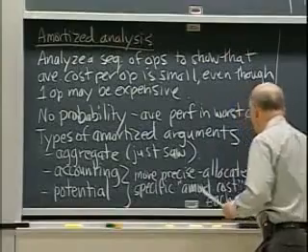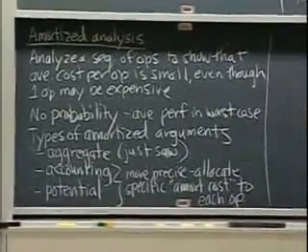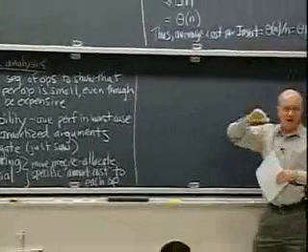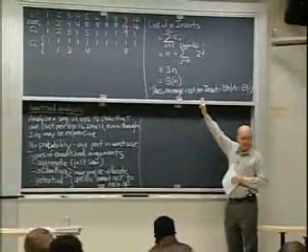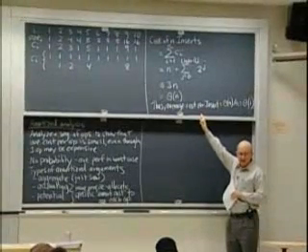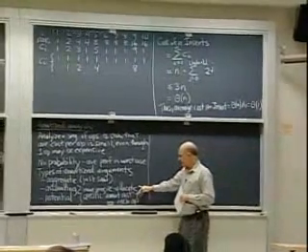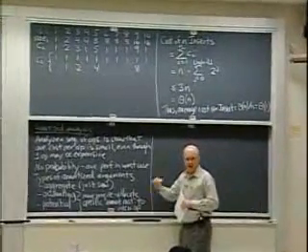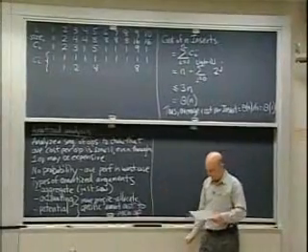One of the things about the aggregate analysis is that you can't really say what the amortized cost of a single operation is easily. You can in this case. You can say it's order 1. But the accounting and potential arguments give you a much more precise way of characterizing what the amortized cost of a particular operation is.